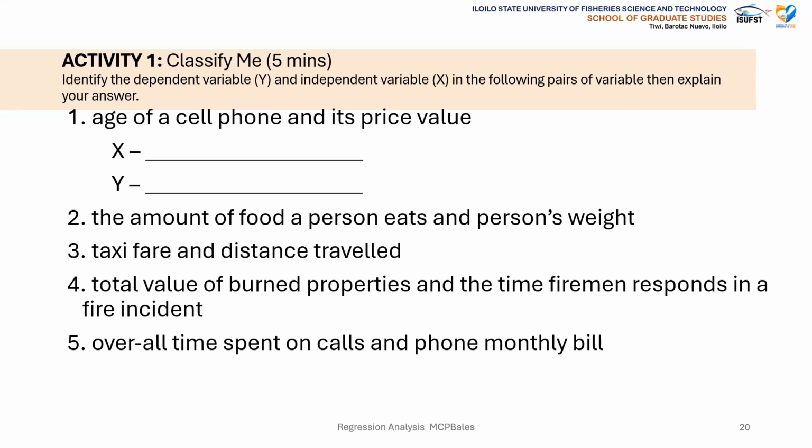Why? If the phone is new, I think the price is somehow higher. But if the phone is very old, it's assumed probably by others that it's not functioning well compared to when it is new. So maybe they would buy it at a smaller price. So it's the age of a phone that determines its price.